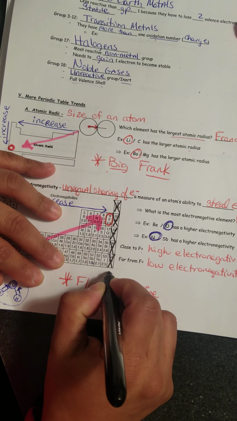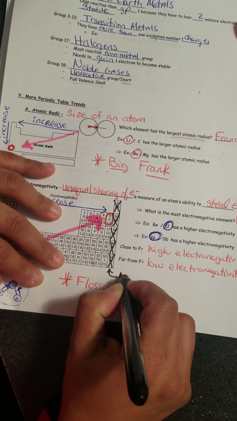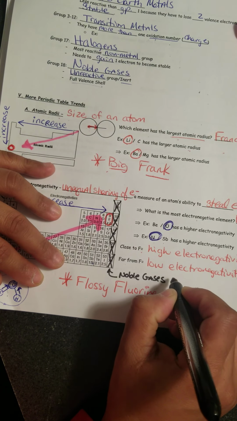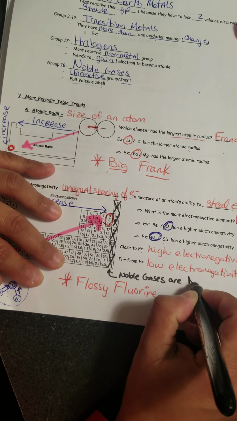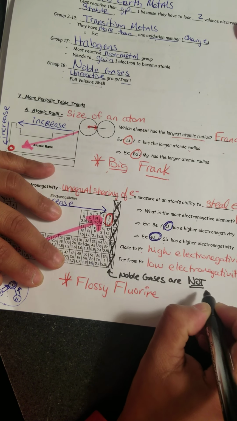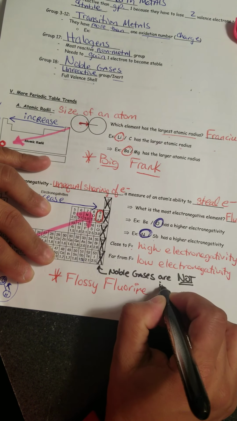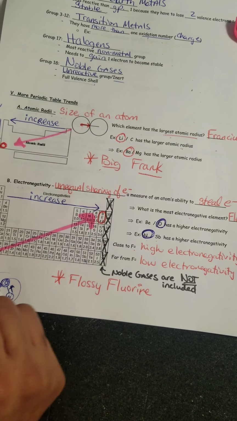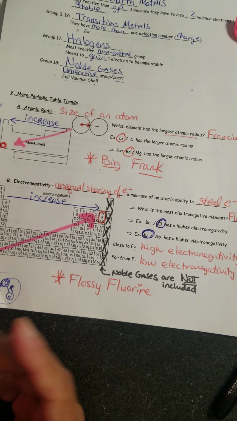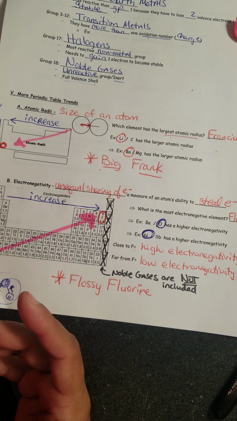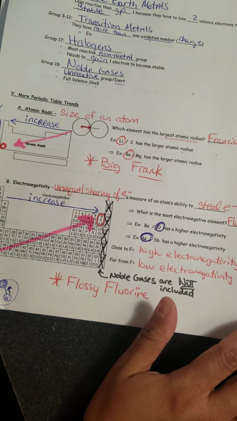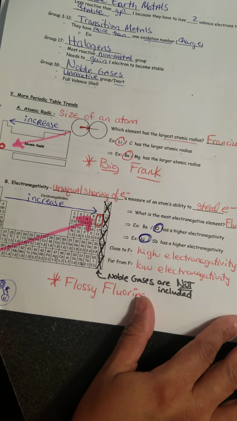So, noble gases are not included. Why not? Well, because they're already happy. They're not going to fight and try to steal electrons or pull electrons to them. All right? Let's keep going.